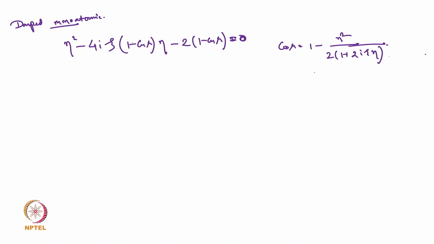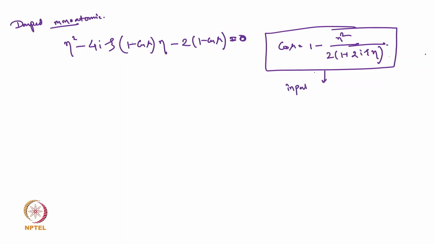Now you see that once we have this, this equation has an input eta and an output mu, but we want the opposite.